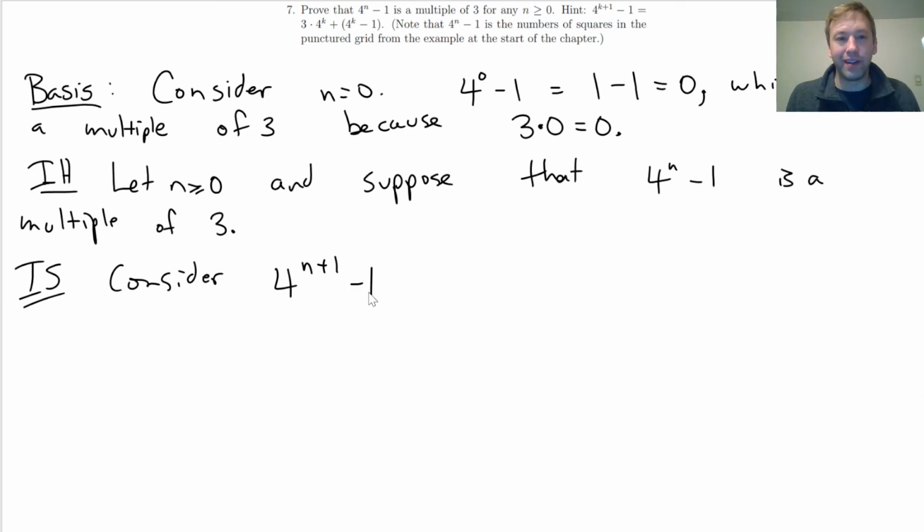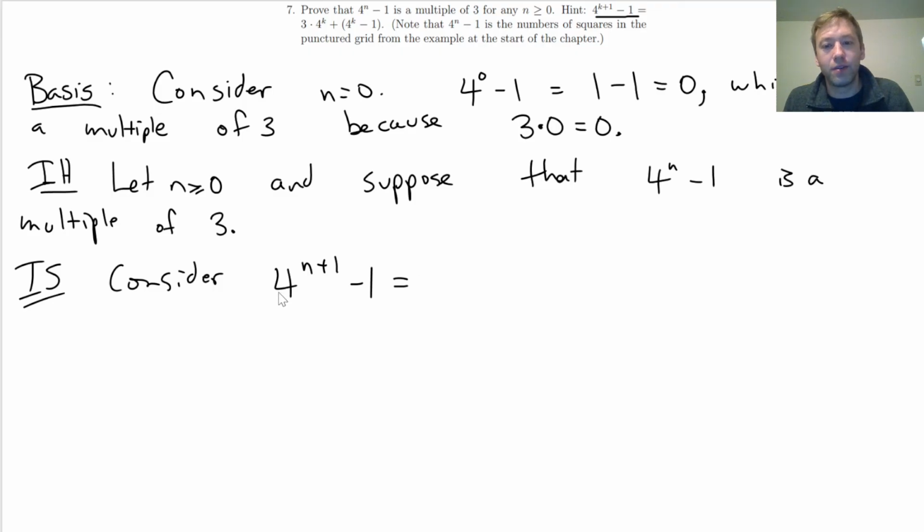And now we should probably look at this hint, right? So it says that if I take, let's say 4 to the k minus 1, it doesn't matter if it's a k or an n or whatever, if you have 4 to the k minus 1, it's equal to 3 times 4 to the k plus 4 to the k minus 1. So let's apply this hint.